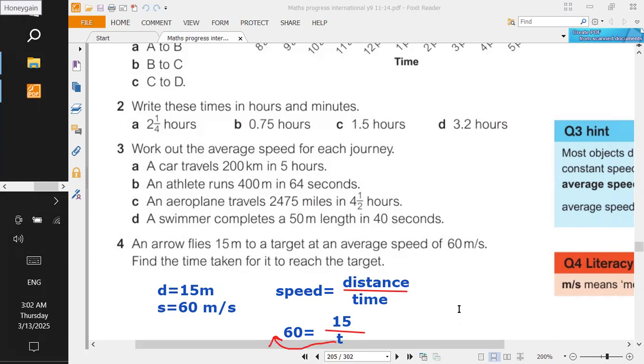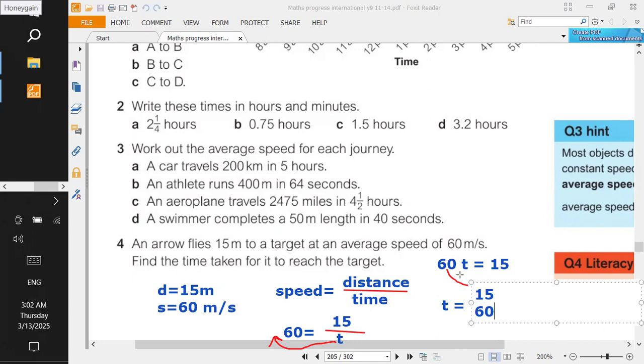So I will end up with 60t equals 15. Now, the 60 is multiplied by the t. It means I can move the 60 to the other side by dividing. So t will equal 15 over 60, or 15 divided by 60.